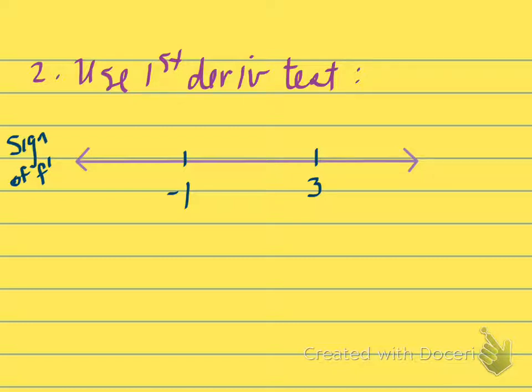And then if I want to determine the sign of the derivative, I can just pick a point in each of these regions, and that'll tell me what the sign of the derivative is in the whole region, because the derivative cannot change sign except for possibly at negative 1 and 3. So I'm just going to remind you what the derivative is.